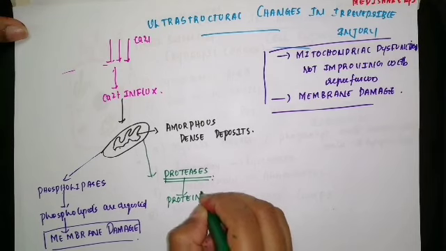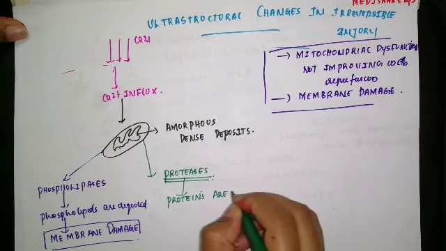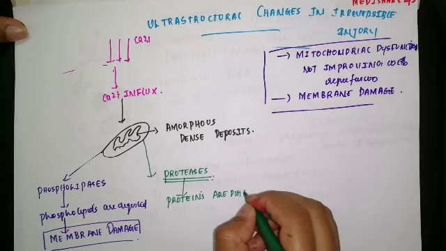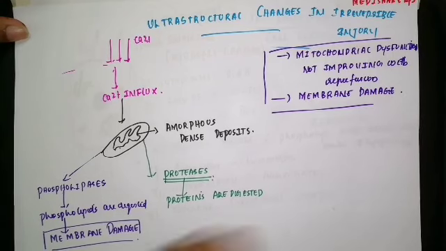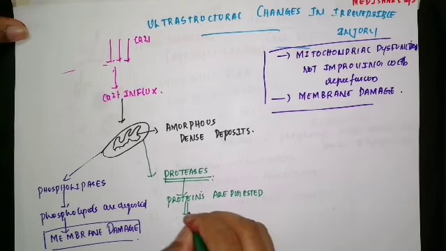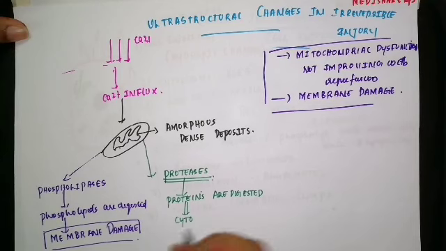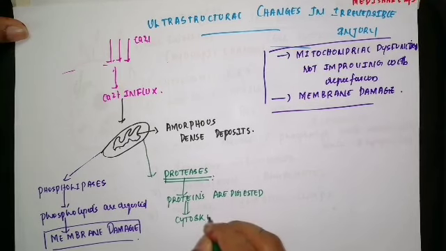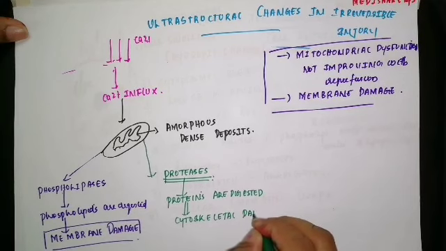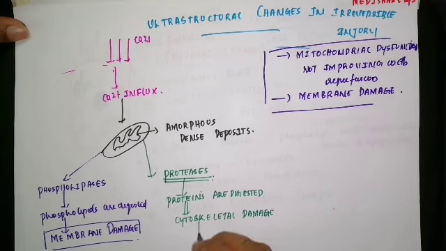Proteins are degraded, enzymatically digested, and this leads to cytoskeletal damage. The cytoskeleton actually anchors the cell membrane, so when the cytoskeleton is damaged, this again indirectly leads to cell membrane damage.